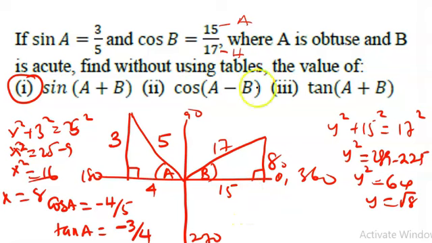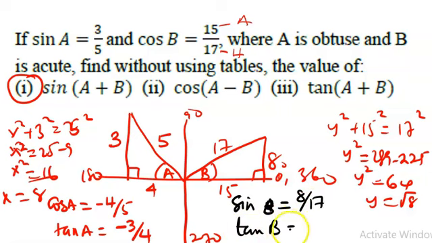Now let's come to B. Here we knew cos B. So let's find sine B. Sine B will be opposite over hypotenuse, 8 on 17, and then tan B is 8 on 15, since in the first quadrant all the ratios are positive. Now knowing these values, the rest are not all that difficult, so that's why I will solve the first one.